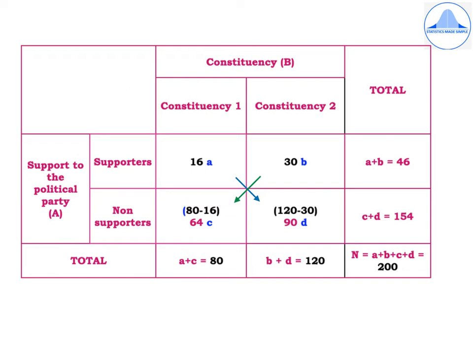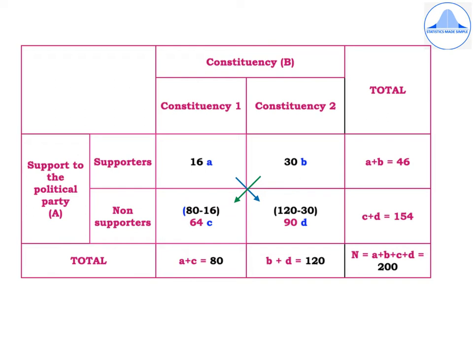So we have found out in the previous slide that in the first constituency we have 16 voters who support the political party. So corresponding to supporters and constituency 1, you write the value 16, which is the cell frequency A. Then similarly, in the second constituency, we found out that there are 30 voters who support the political party.